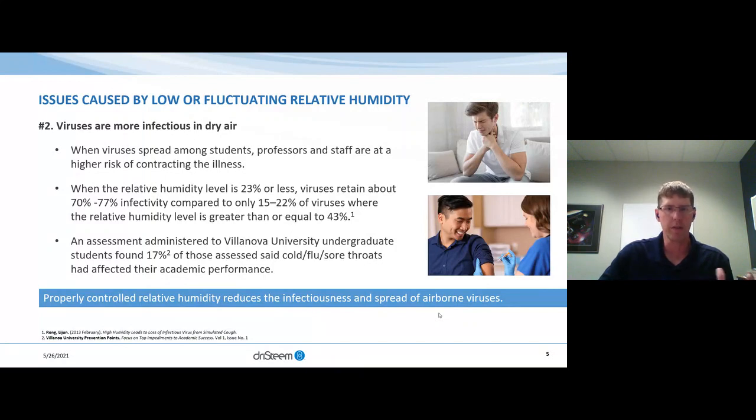It's where they want to be, and our body isn't quite as strong in that dry environment, which just leads to a greater opportunity for an outbreak, whether it's between students or students and faculty, when humidity is low. And another study showed that cold or flu-like illnesses impacted student performance. If they're not in the classroom as much, they're not able to learn. It can be a distraction, just like being uncomfortable within a space.